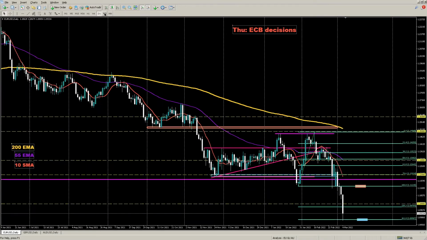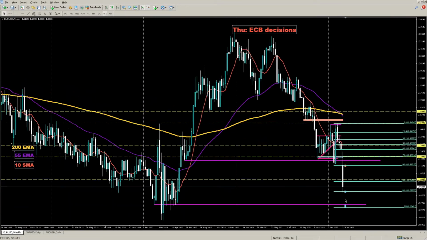If we take a look on a weekly time frame, that comes from this previous swing low across all these spikes down here. There's a bit of a zone, but the lows of about 107.75 area.